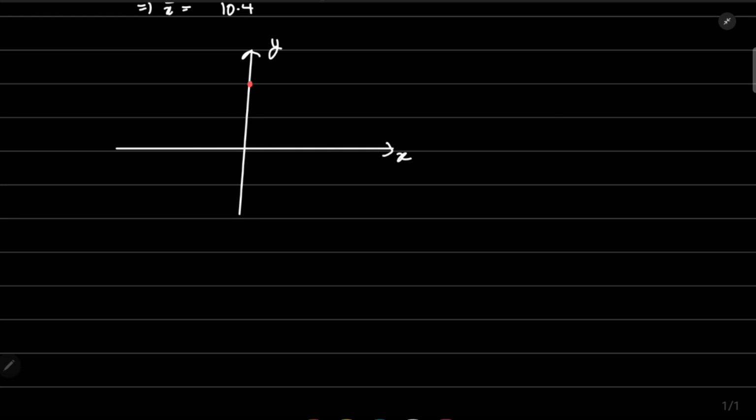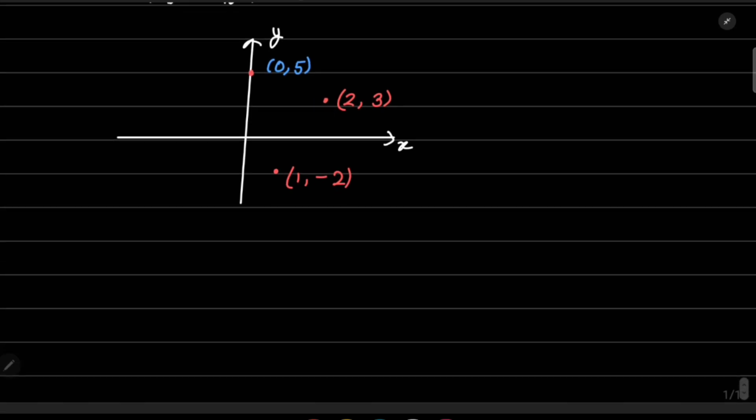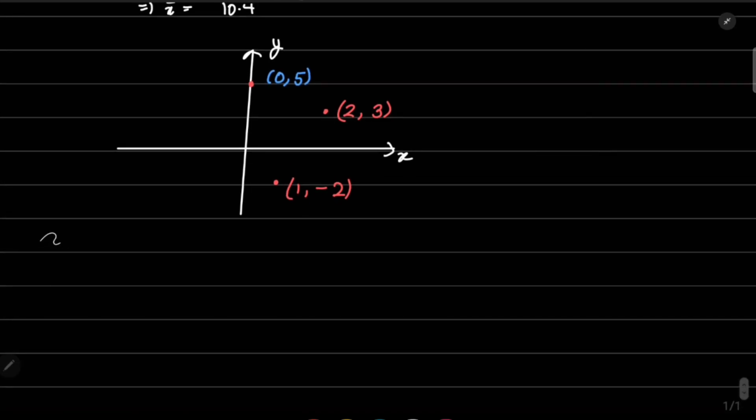So for example, there's a mass at (0, 5), another mass at (2, 3), and another mass over here at (1, -2). So now we have to find x bar, the x coordinate of the center of mass, and y bar, the y coordinate of the center of mass.